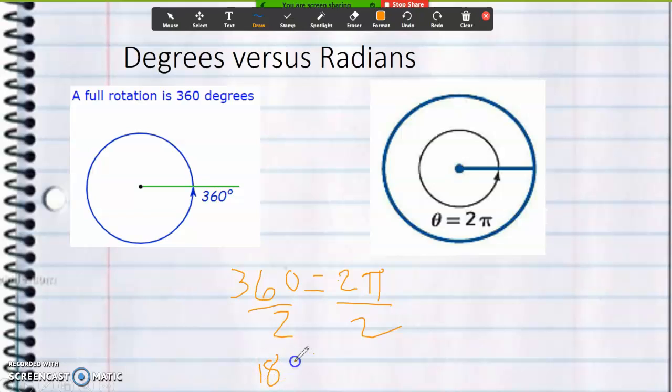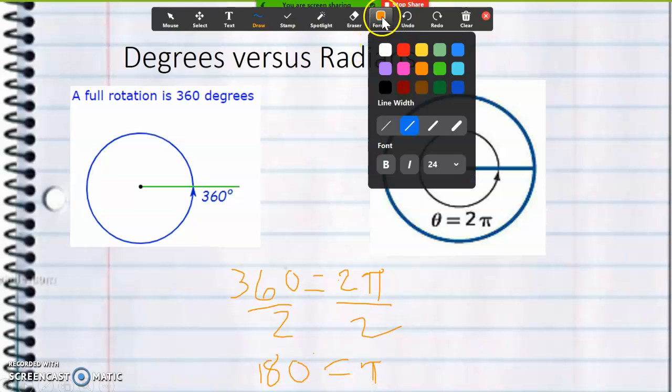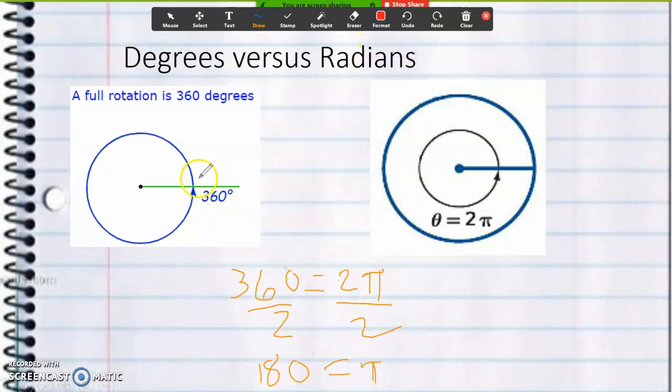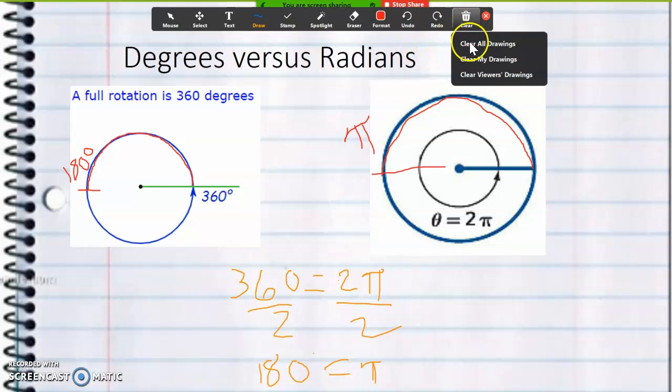That means 180 degrees is pi. So instead of going all the way around, if I just go halfway, that's 180 degrees. Or if I only go halfway on here, that's just pi. So our conversion factor we're going to use is 180 is equal to pi.